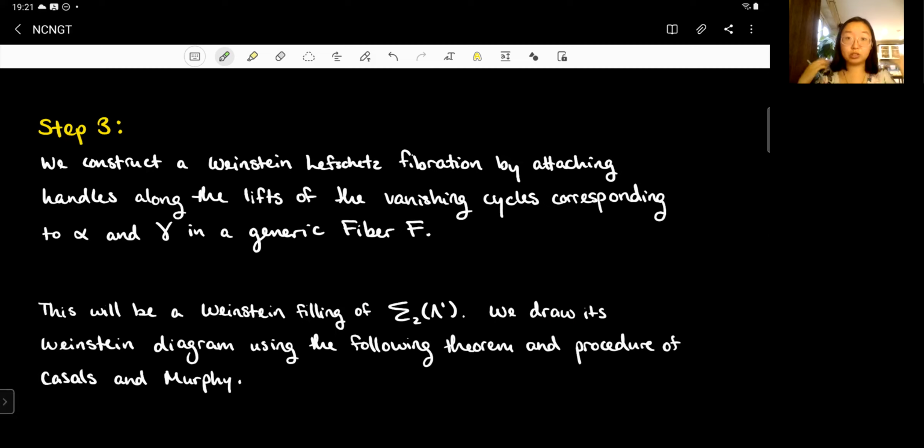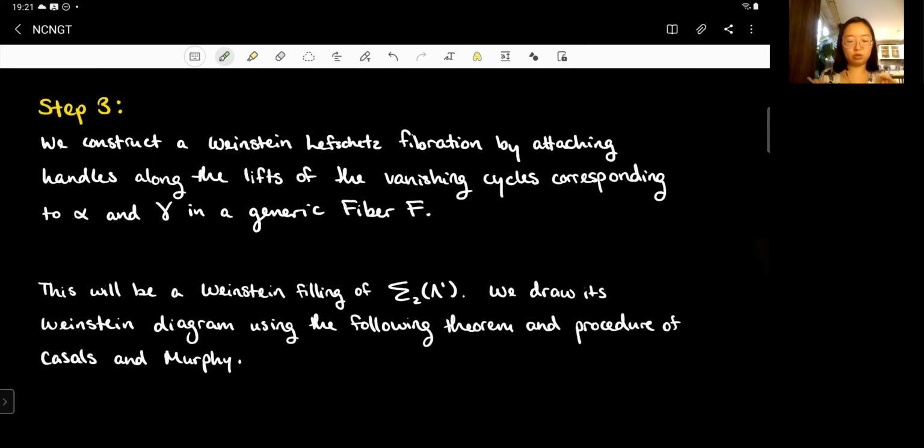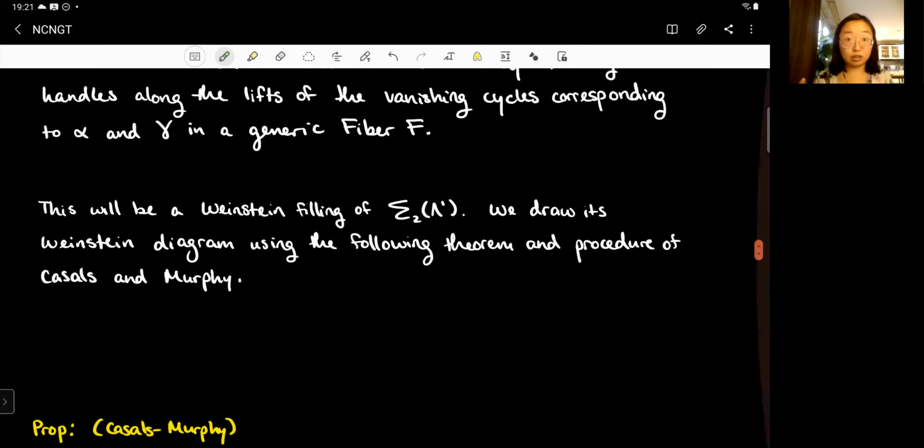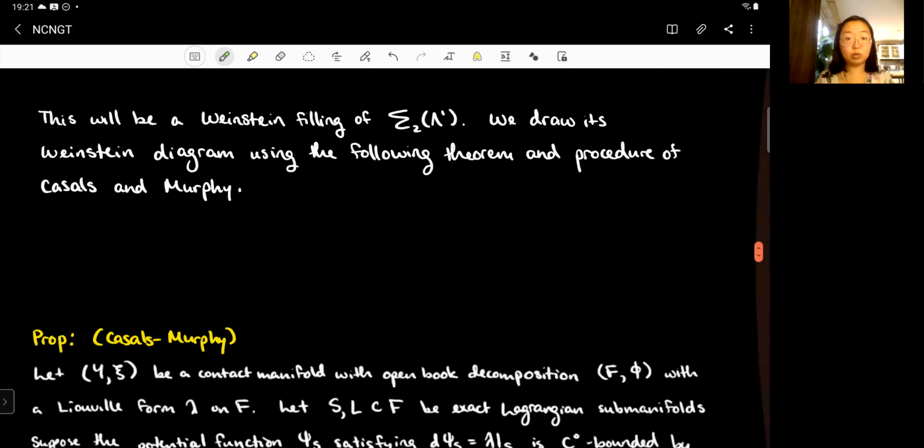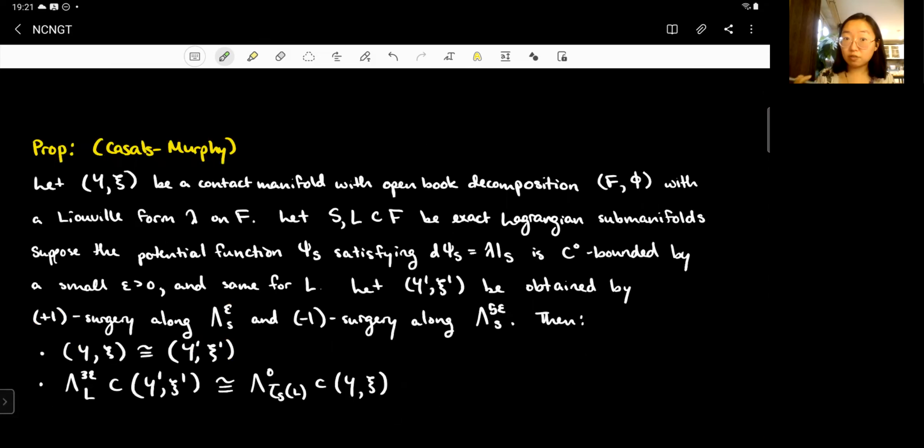Next, we're going to draw its Weinstein diagram using the following procedure of Casals and Murphy. So the proposition that we use is the following. It's quite technical. If you want to read it carefully, you can pause the video. But I'm going to illustrate what we're actually using it for.